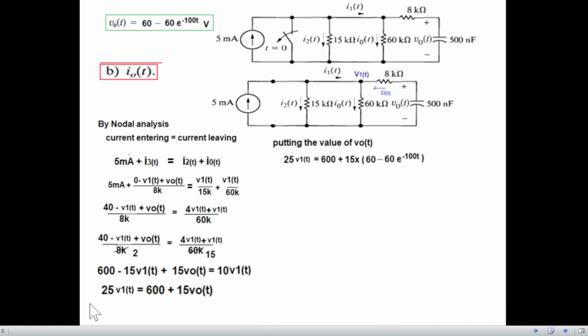And now in this equation we'll put the value of V0. We know the V0, we have calculated, so we'll plug in that value and keep on simplifying to find V1(t). So if we find V1(t), we can find I0(t).